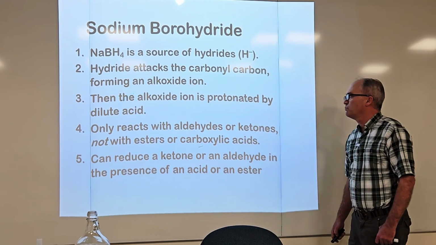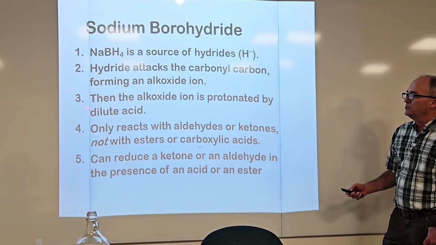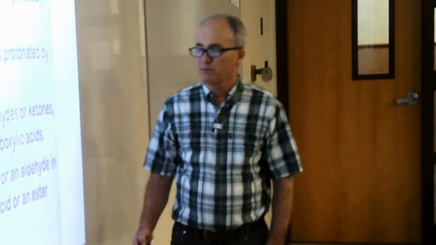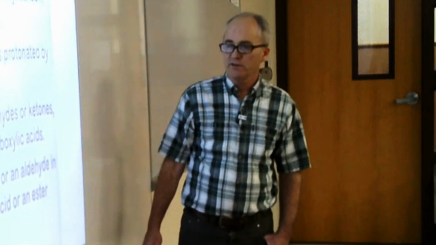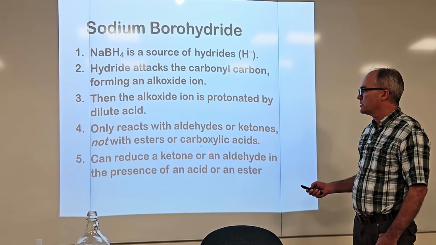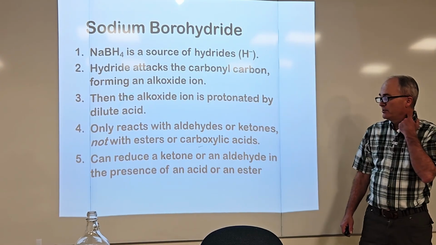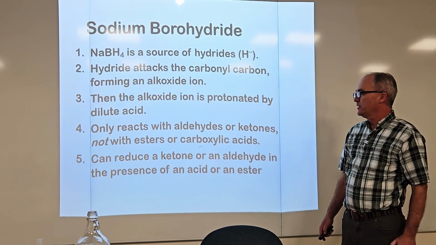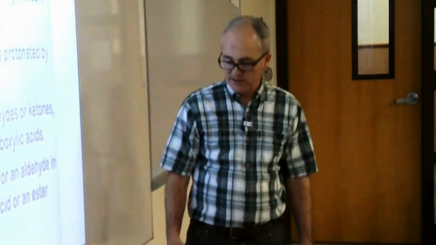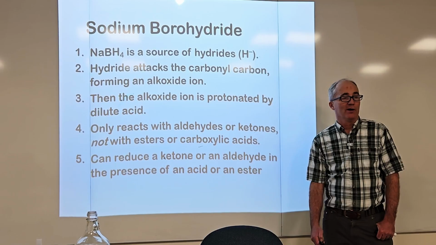Then the alkoxide is protonated by dilute acid. Sodium borohydride only reacts with aldehydes or ketones, not with esters or carboxylic acids. Notice these also have a carbonyl carbon. So sodium borohydride can reduce a ketone or an aldehyde in the presence of an acid or an ester.